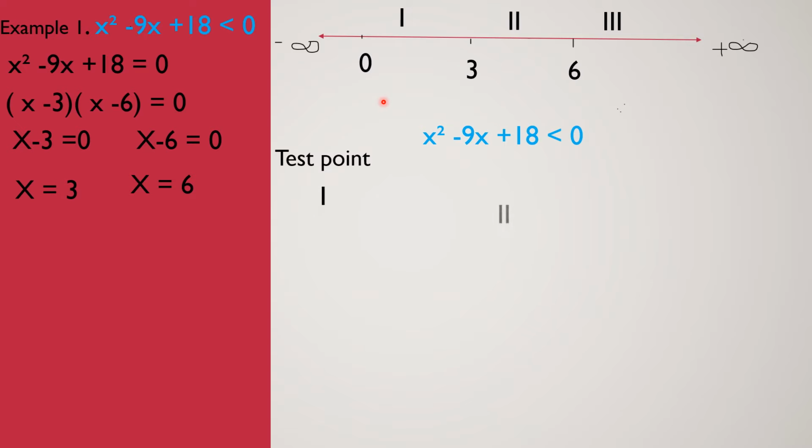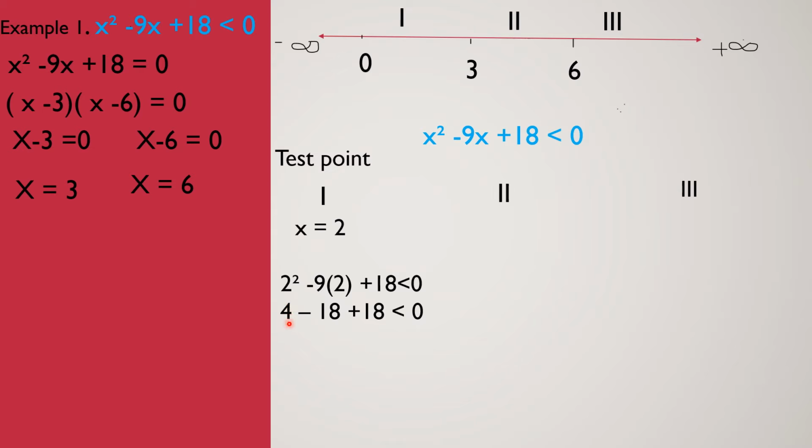So let's choose, for the first part, let's choose 2. x is 2. And then simply you're just going to substitute this x to x here and here. So that is now 2 squared minus 9 times 2 plus 18 less than 0.